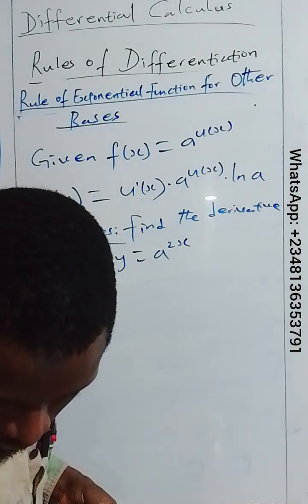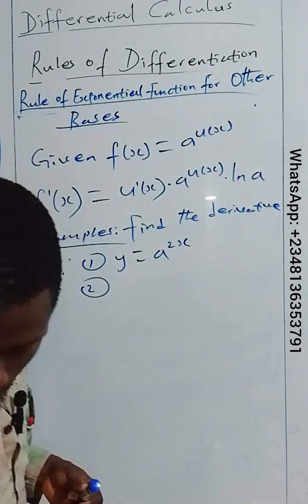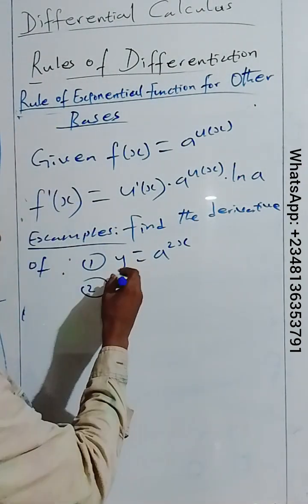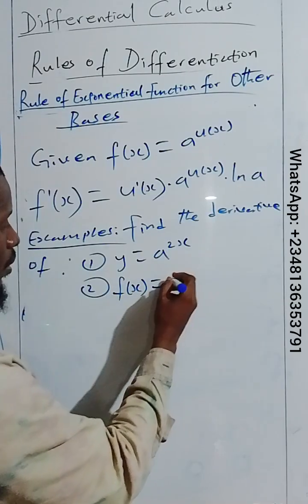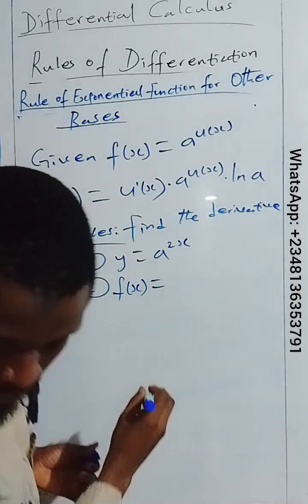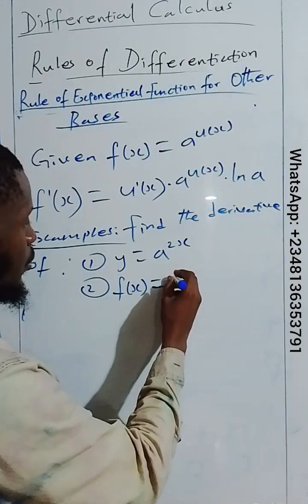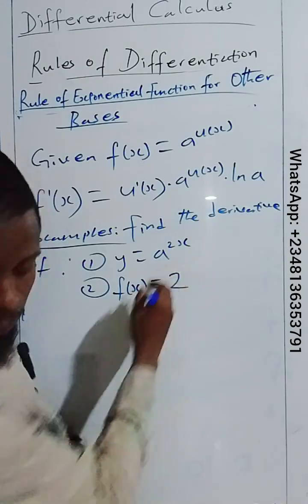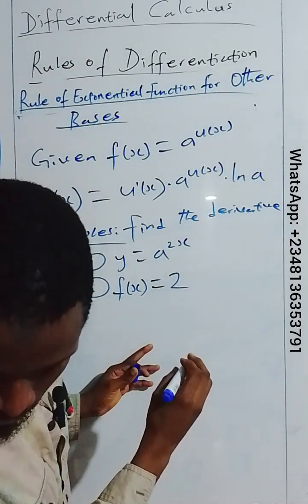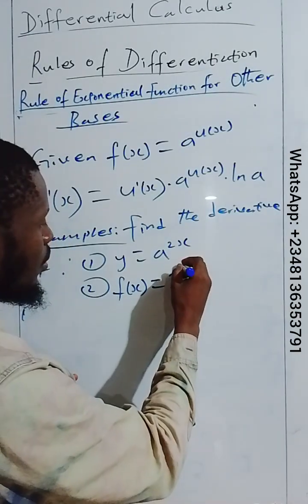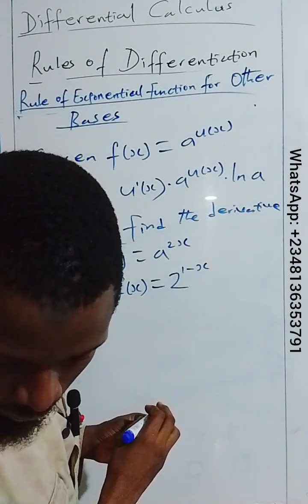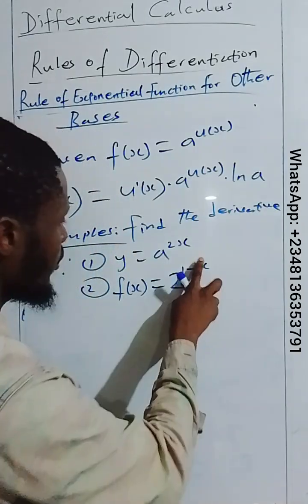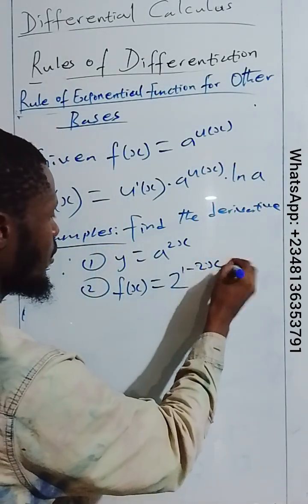Question 2: we have f of x equals 2 raised to the power 1 minus 2x.